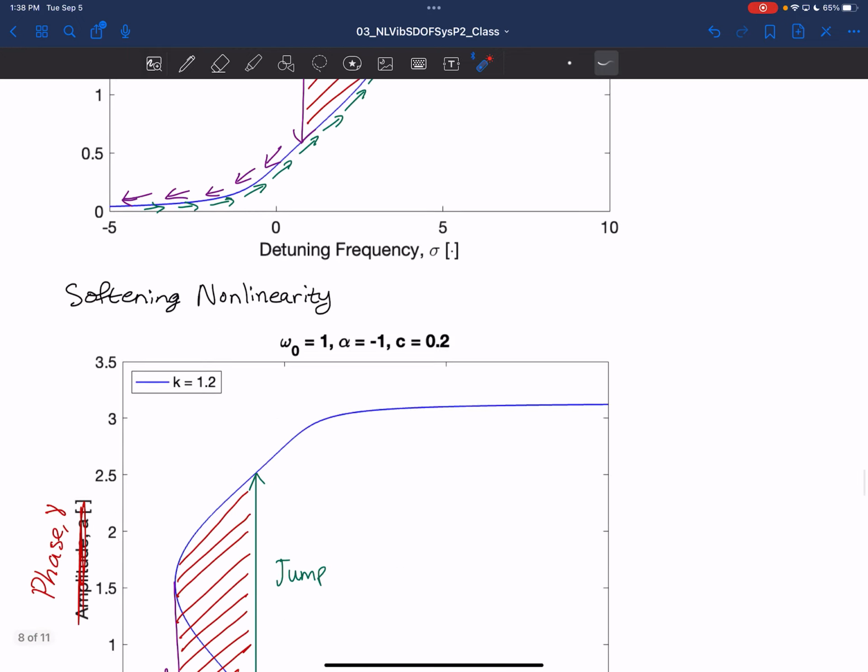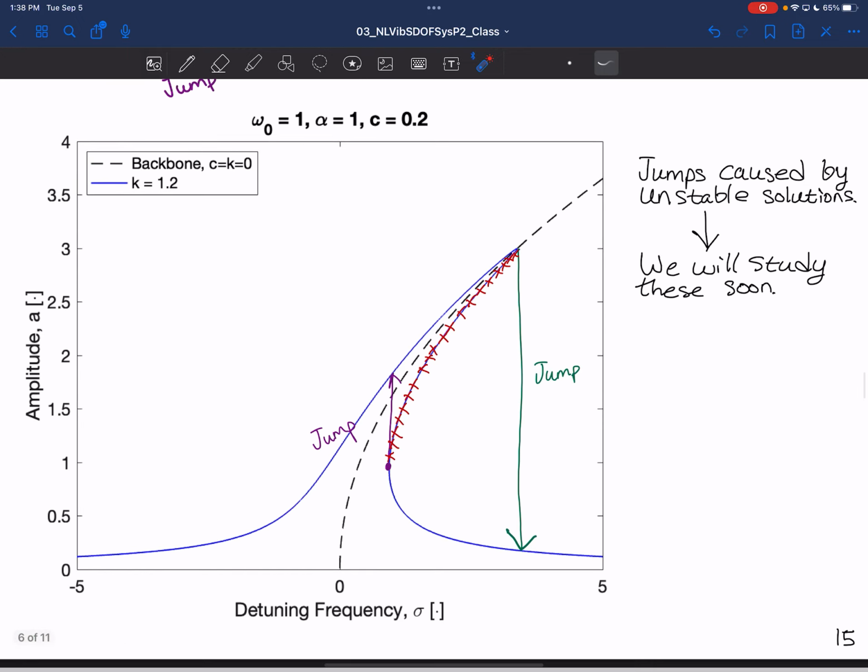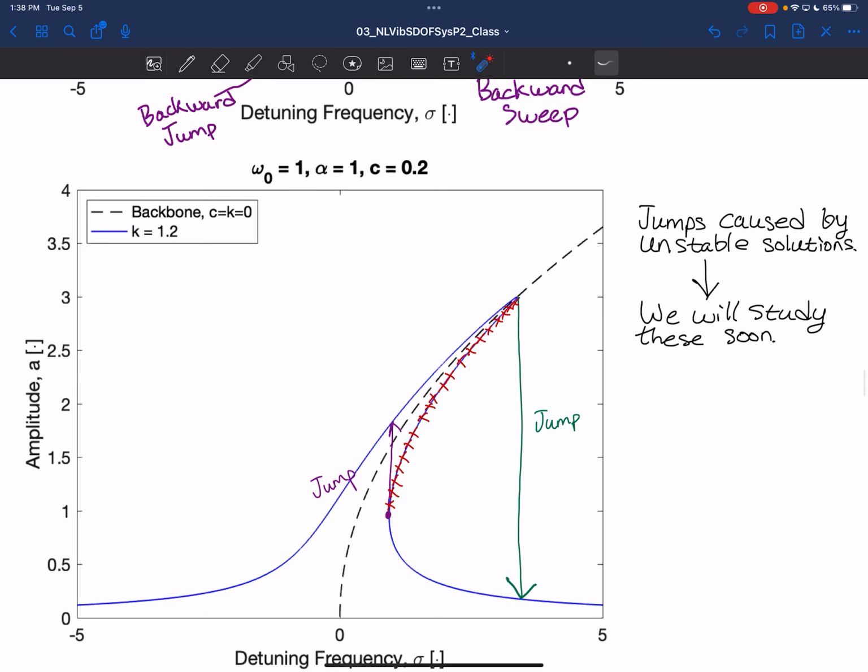The idea of fundamental resonance from a linear perspective doesn't make sense anymore because in the linear case, you just have a straight line here, and therefore you have one fundamental frequency. But in this case, you can get large amplitude at multiple frequencies, and then you have this bending over of these curves.